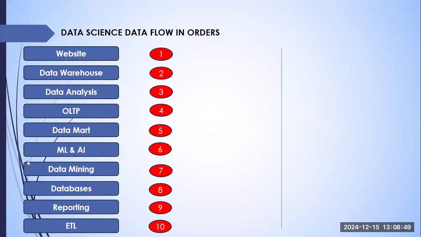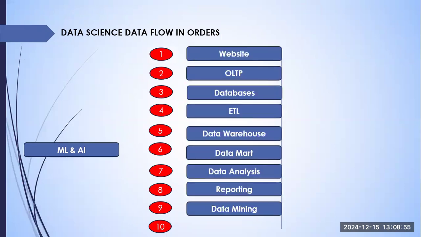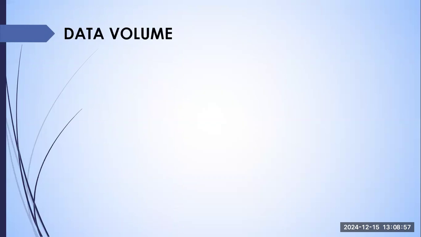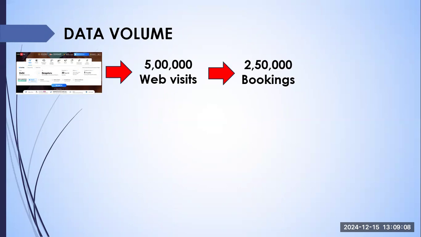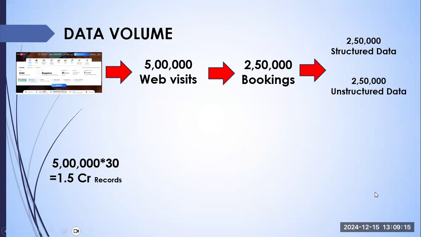Here, I have just randomly written this and will arrange it in proper order. If I say that 5 lakh people visit Make My Trip every day and 2,50,000 people book a ticket, through this booking we get 2,50,000 structured data and 2,50,000 unstructured data.